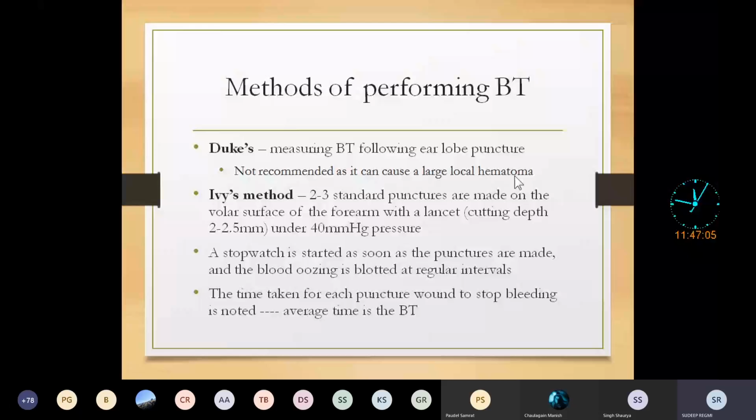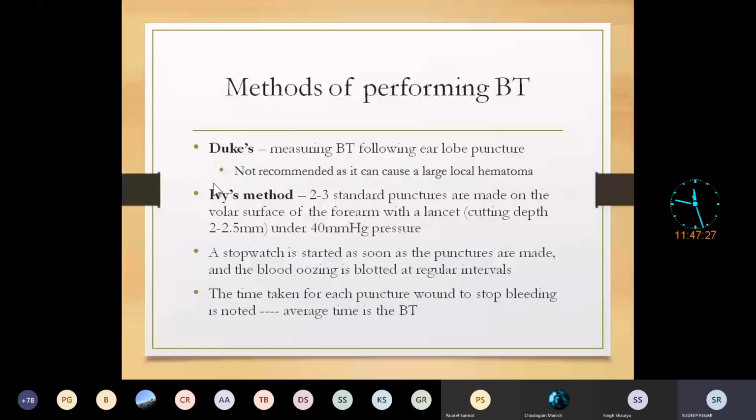In Duke's method, we measure the BT following an earlobe puncture. It can cause a large local hematoma in the ear, so this is not recommended.